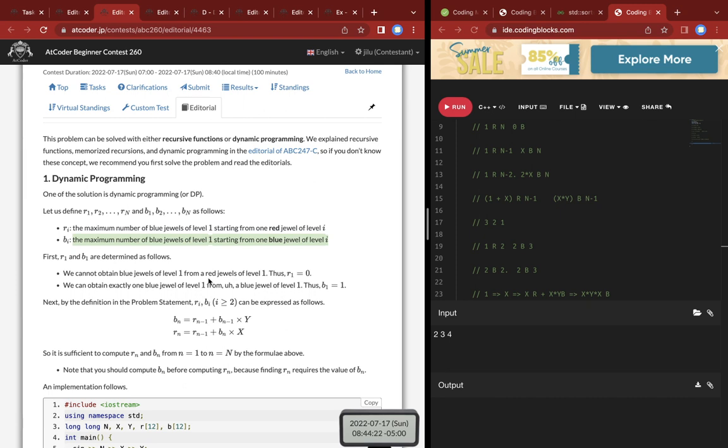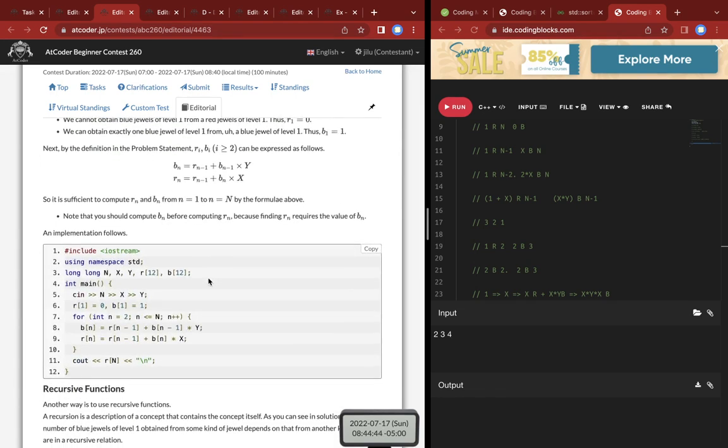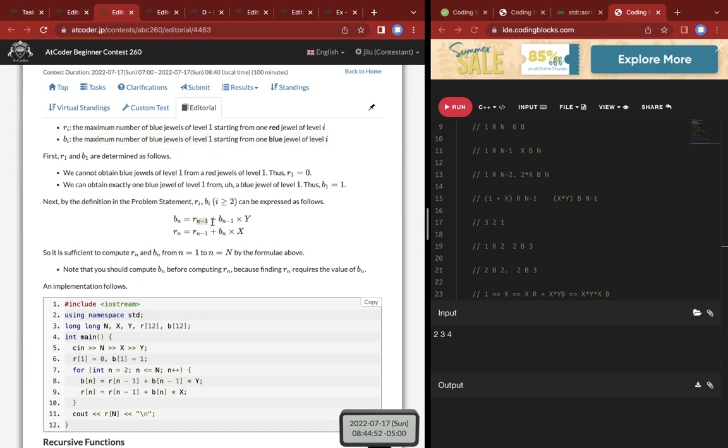Note that you should compute B_n before computing R_n, because finding R_n requires the value of B_n. So we should compute B_n first. But B_n also requires R_n, isn't it? Oh, okay. So B_n only requires R of n minus 1, but R_n requires B of n, not n minus 1. Okay, kind of like Fibonacci now.